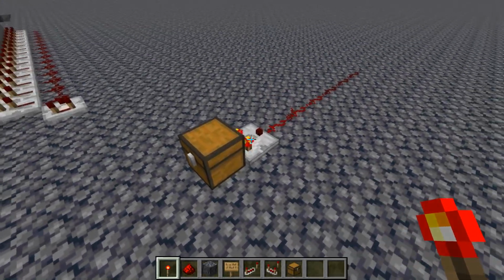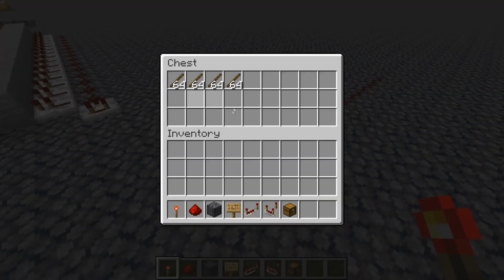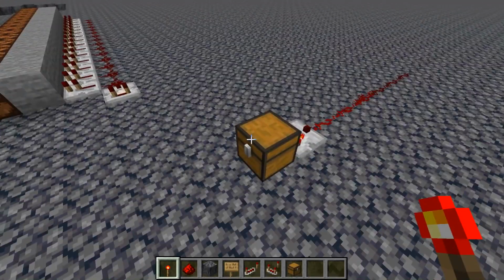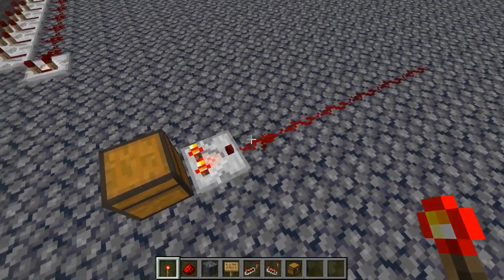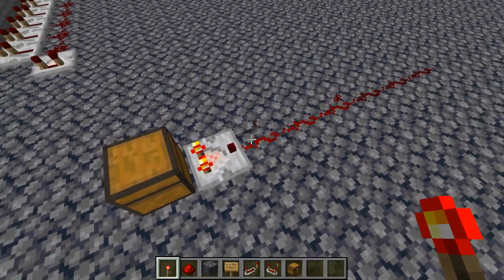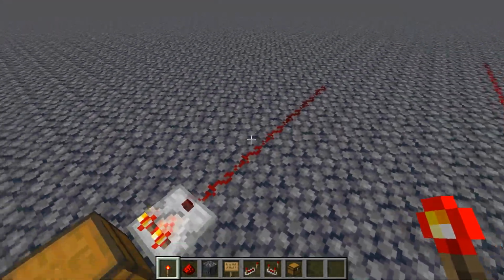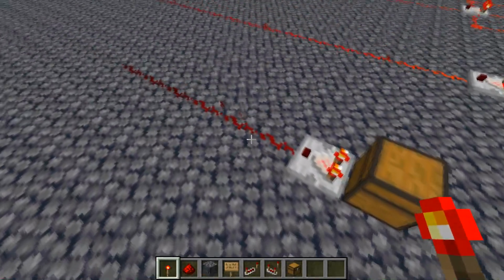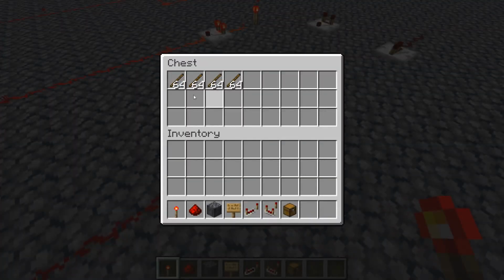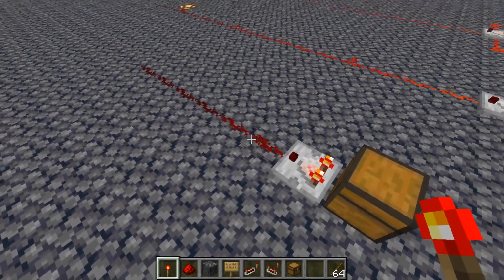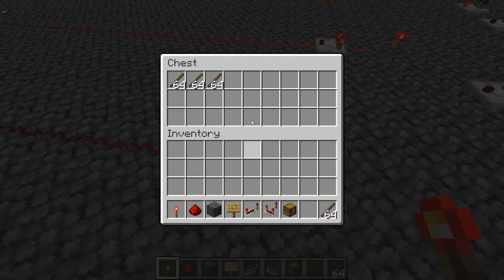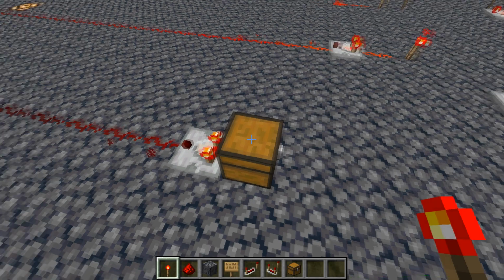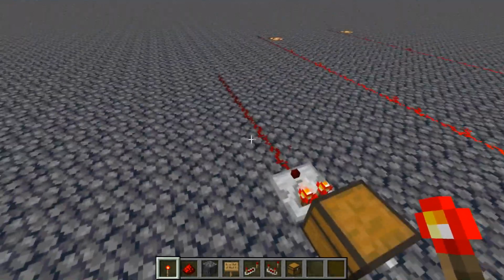Here, we have a comparator analyzing the contents of this chest. Depending on how many items are in the chest, it will output a certain signal strength. At the moment, it's signal strength 3 using 4 stacks of items. But if I take a stack out, you'll notice it reduces to signal strength 2. So as you change the contents of the container, the output of the comparator changes.